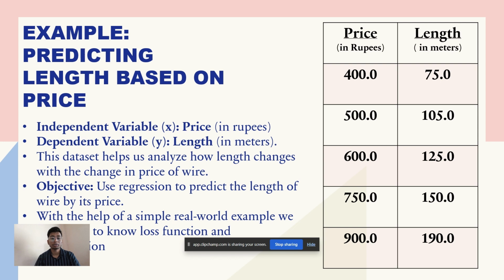This data set will help us analyze how length changes with the change in price of a wire. The main objective is to predict the length of wire by its price. With the help of this simple real world example, we will get to know loss function and optimization. Here, we can see both the inputs in tabular form, the price and the length.